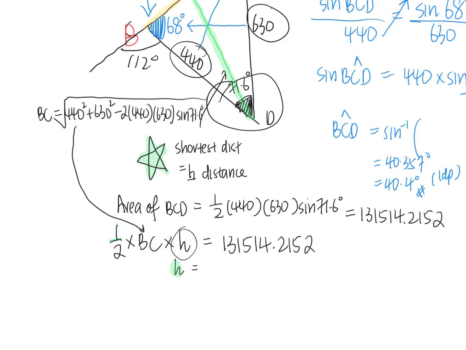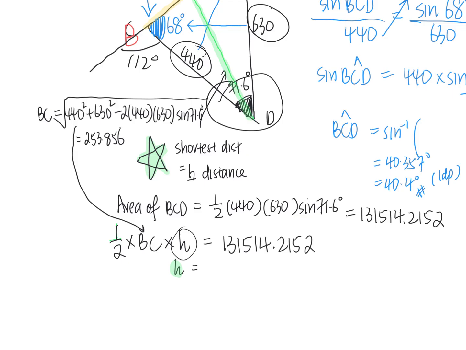Wait, what's the answer for the BC? Why everything I need to calculate? 253. Yep. The answer is wrong. This is 253.856. Divide by half, divide by this. That is given there. Then did we calculate the thing wrongly?